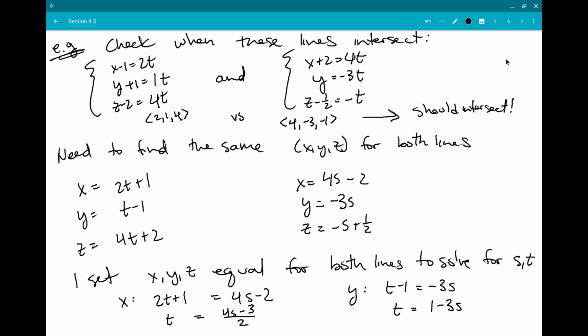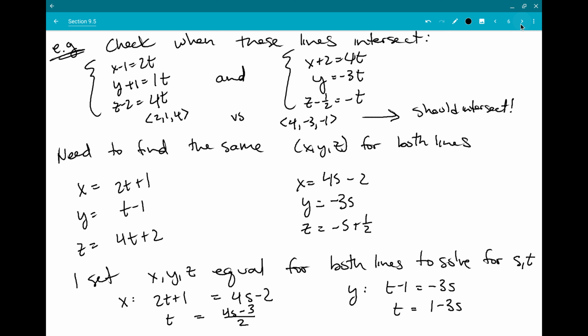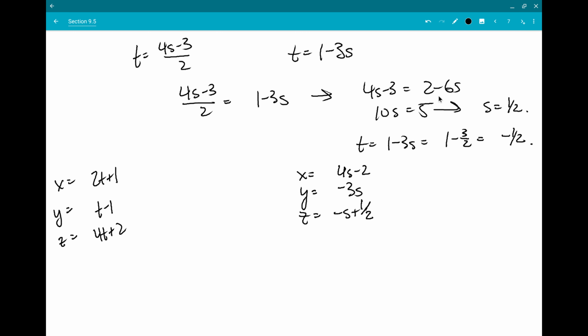And 4s minus 2, minus 3s, minus s plus 1/2. Okay, I got those.